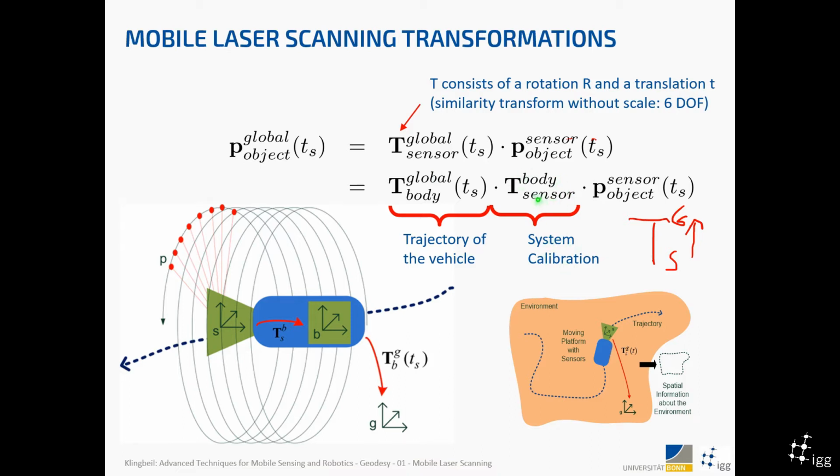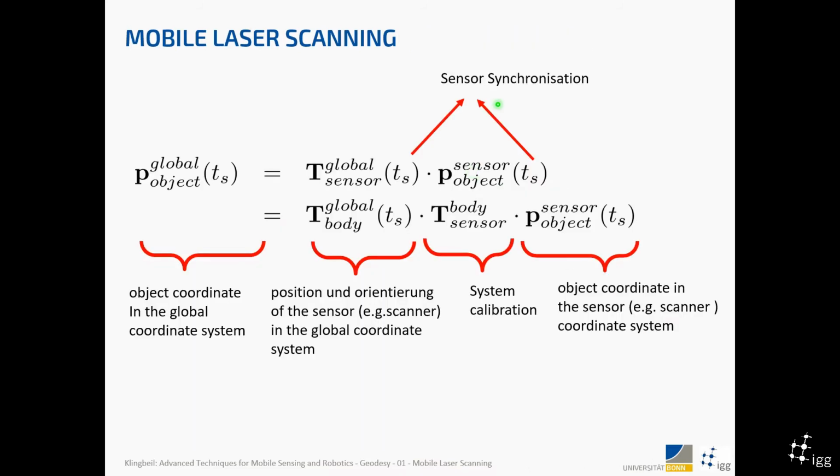So it's a transformation from the sensor to the body system, and the body system to the global system is where is the vehicle actually in the global system. Yeah? So the global frame. So this is what you can do as a simple first step to separate this transformation into 2 parts.